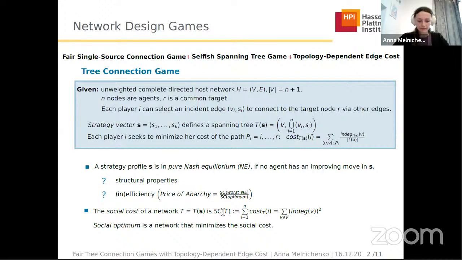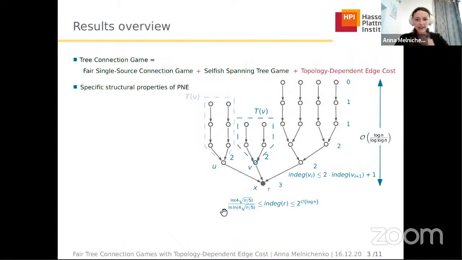Probably I have no time to go into details, but I can briefly introduce the main results of our paper. Our main focus, as I said, was to understand how the stable state looks. And we observed many interesting properties.